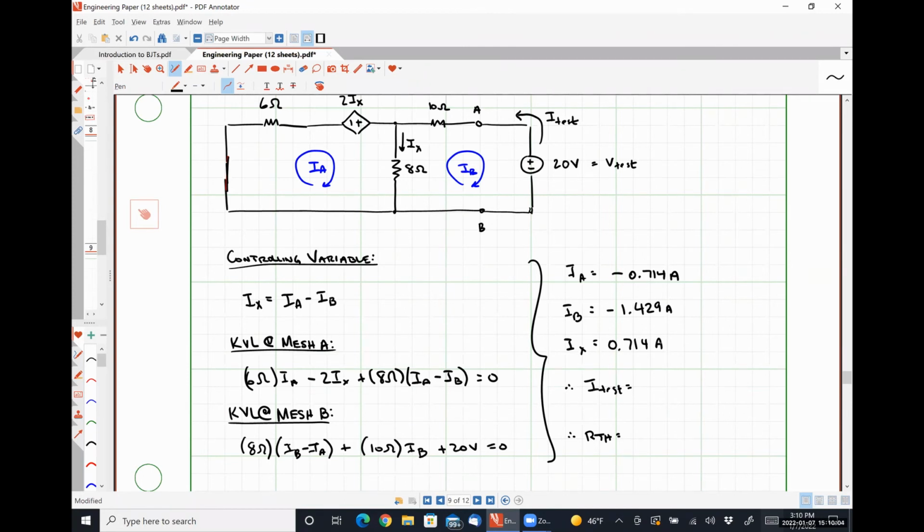I test is the current that's leaving the positive polarity terminal of the 20-volt source. And IB is the current that's entering the positive polarity terminal of the 20-volt source. So I would argue that we can see that I test is just negative IB. Does that make sense?